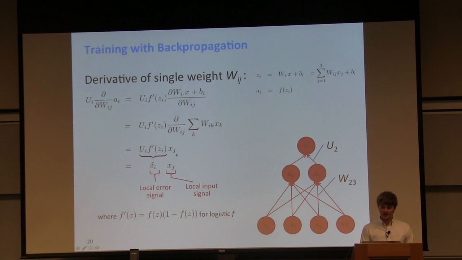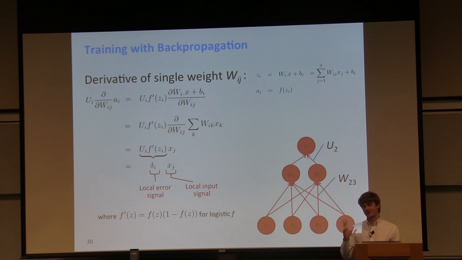Okay, so now the derivative of this sum with respect to wij is just xj. Now here comes the first and important trick of backpropagation: we will define a delta, which is sometimes called the local error signal.